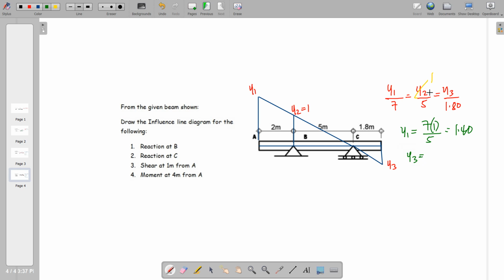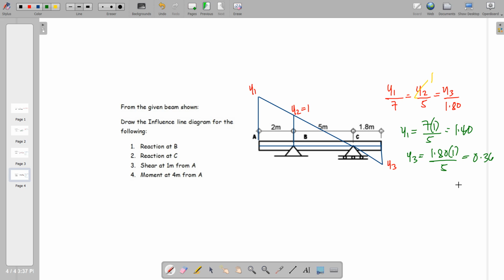And then y3 will also be paired to this side of the equation. So we have 1.8 by 1 all over 5. So we have y3 equal to 0.36.